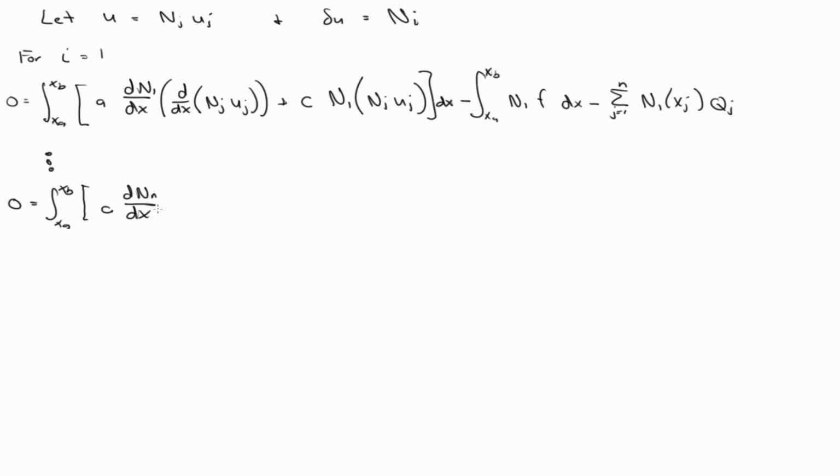now I have that d/dx of N_j u_j. N_j is a function of x, right? It's our interpolating function. So if I take the product rule, then it's d/dx of N_j times u_j plus N_j times d/dx of u_j, right?